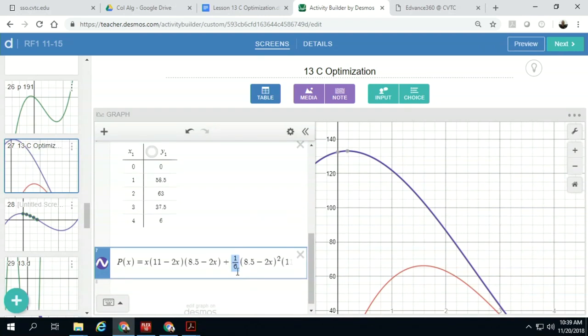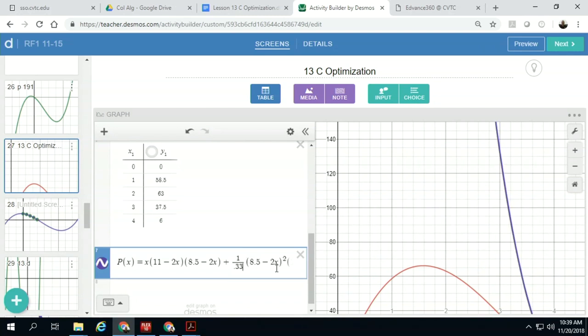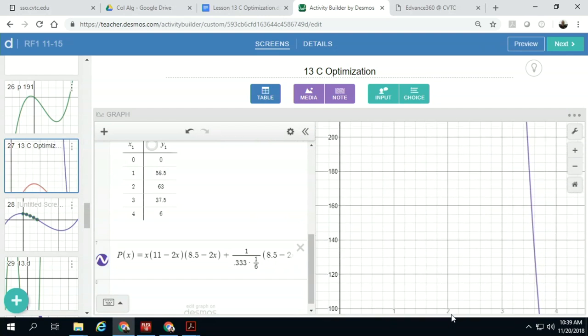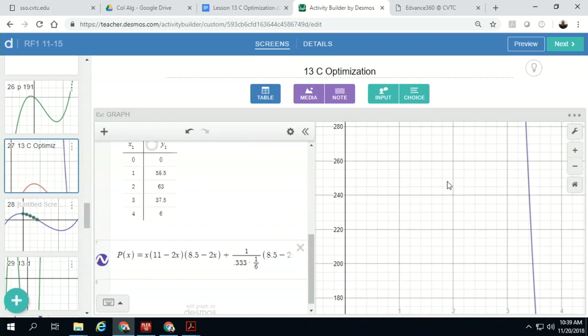It actually might even be a little bit more than 50%. Let's say 60%. So we'd have 1/3, 0.333 times 1/6. Ooh, that might be too tall.